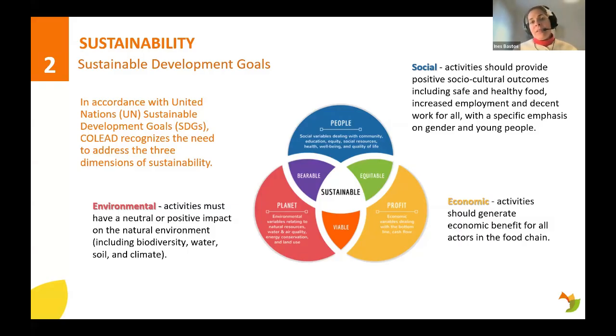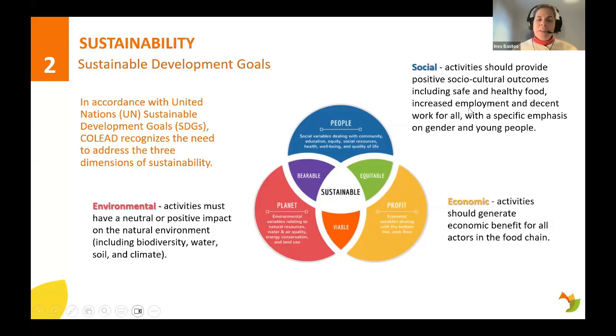When we talk about social, we tackle what we call the P, people. Activities should provide positive social outcomes, including safe and healthy food and access to good living conditions. It also has an emphasis on gender and young people. And obviously, a third very important pillar is the P, profit, which tackles the economic part.